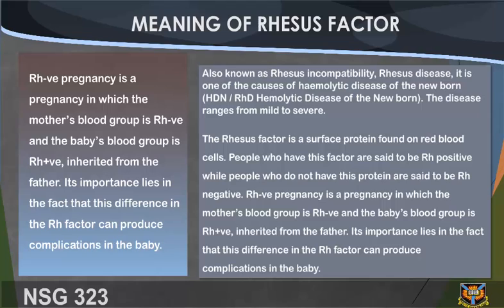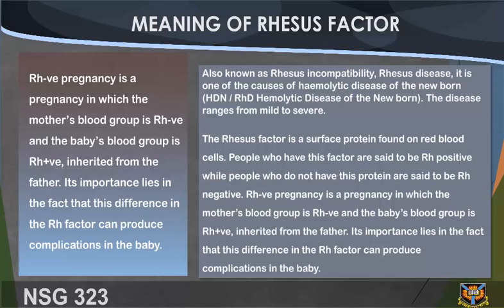Also known as rhesus incompatibility, rhesus disease. It is one of the causes of hemolytic disease of the newborn, HDN or RHD. The disease ranges from mild to severe.